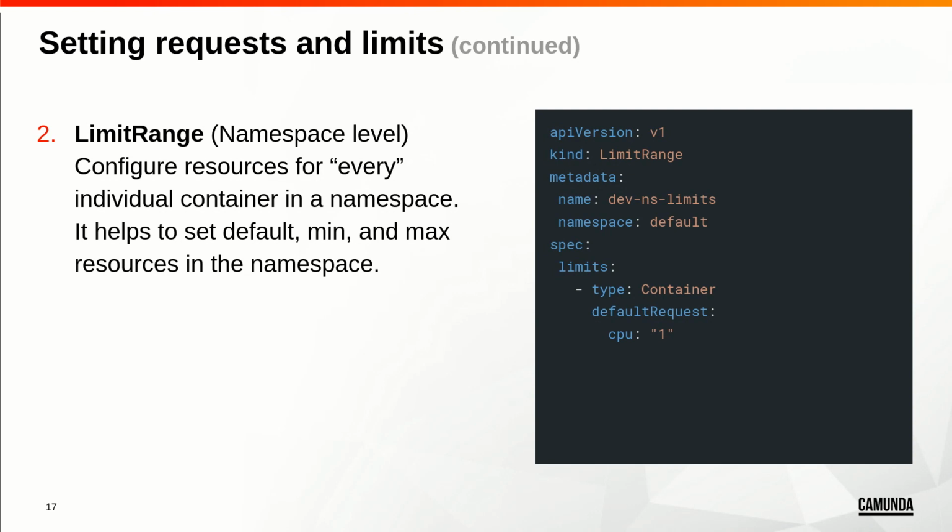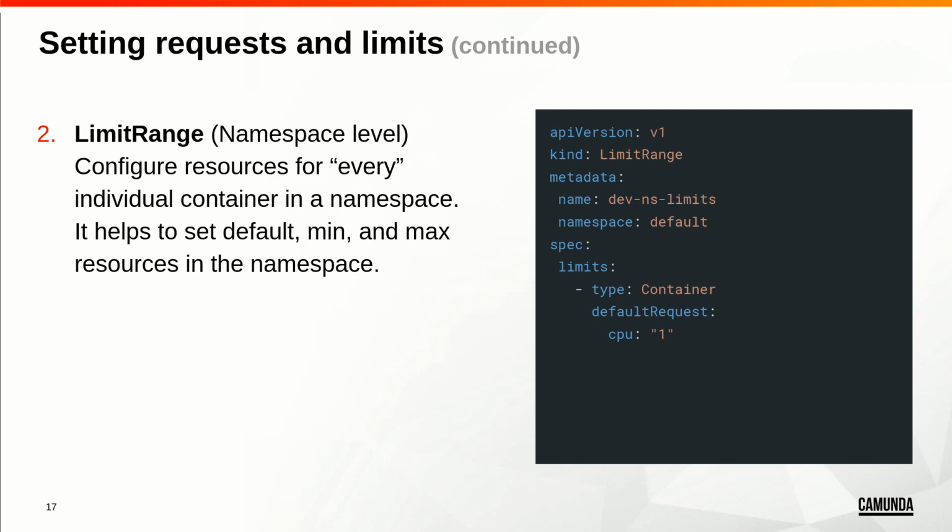For example, you can set the maximum CPU usage for any single container in that namespace, even if the container has requests and limits configured. Also, you can set the default CPU for the containers that don't have requests and limits configured.